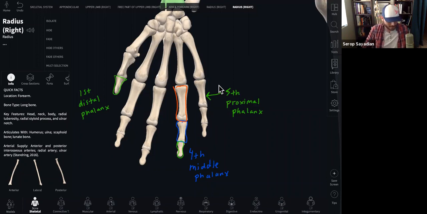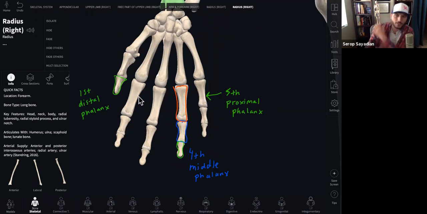Wait, mister, I have a question. I wish I could show you what I'm pointing at. You know the red part that you have highlighting? What is that one called? Proximal or distal? Proximal. And then the blue one is the middle one? Middle. And then the green one? So there's the proximal row, the middle row, and the distal row. Remember, distal means farther. The furthest point is distal.